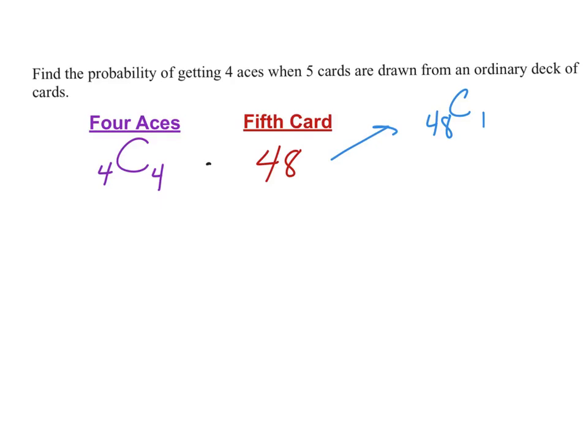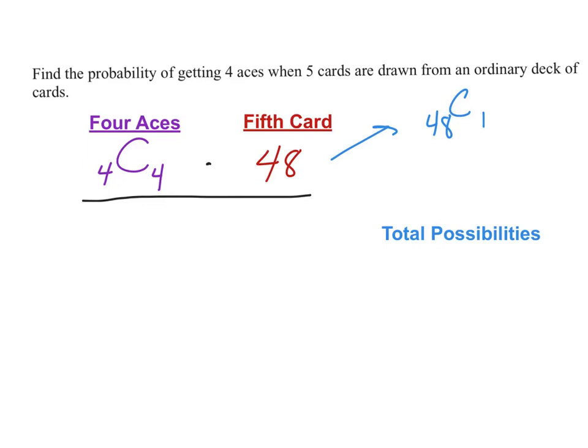Now that's just the probability of the event occurring. That's just the numerator. How am I going to find the total possibilities for drawing cards at all? So there's the fraction bar. On the bottom I have to have all the total possibilities of 5-card hands.